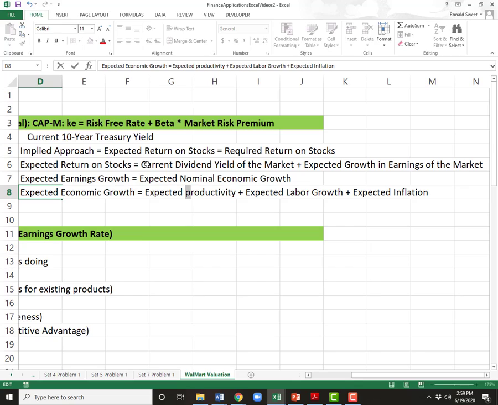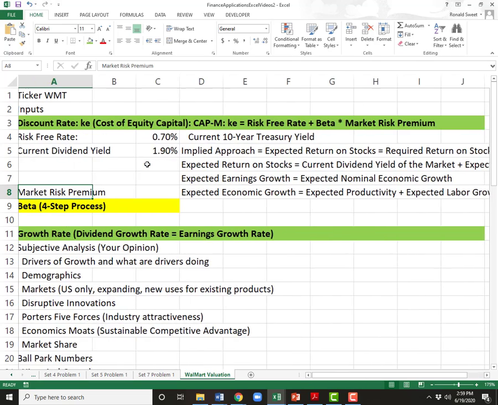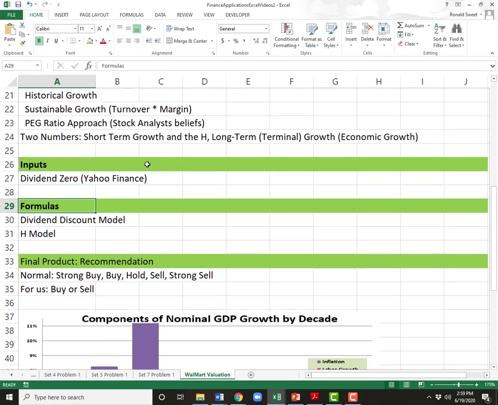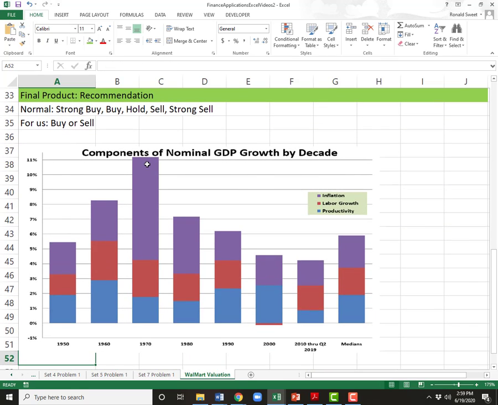So where do we get those numbers? Well, I'm going to give you a chart. I'll show it to you here at the bottom of this page. That's going to show you those three pieces over time.